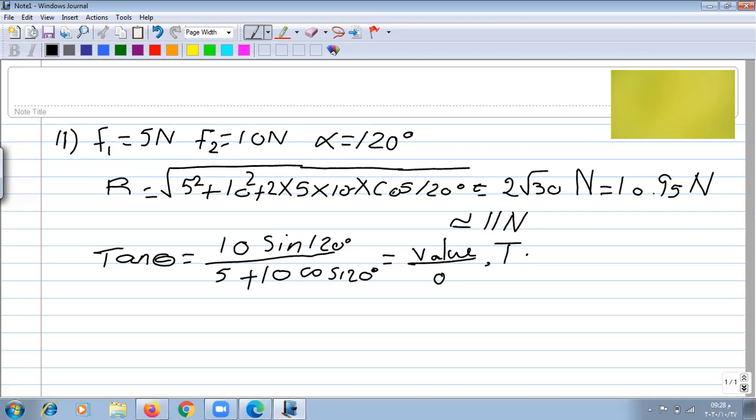We know that tan 90 equals sine 90 over cosine 90, which is 1 over 0. It is undefined. Because the denominator equals 0, theta must be equal to 90 degrees.